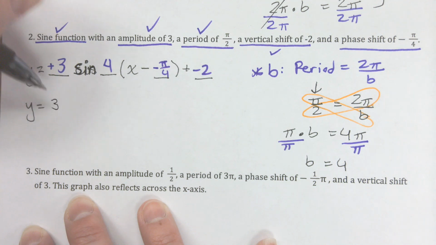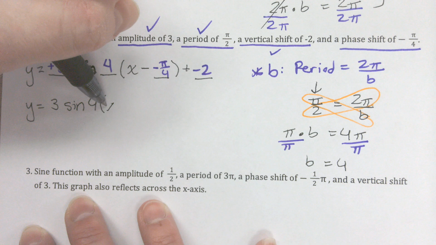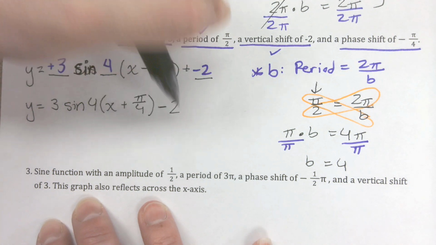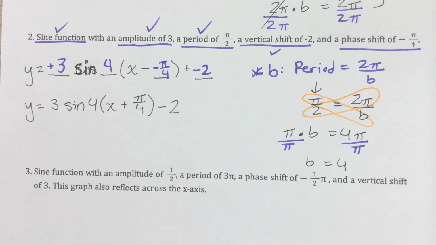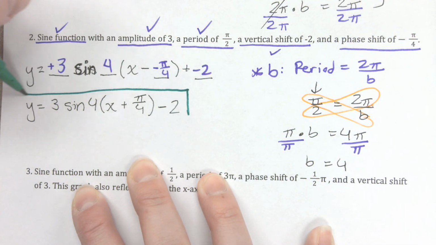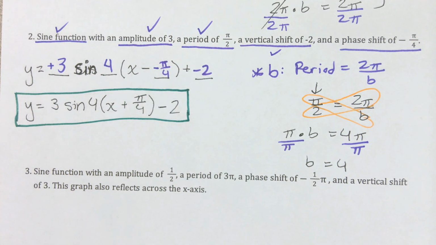Y equals just 3 sine of 4 times x plus pi over 4, minus 2 at the end. Questions after seeing the second example?